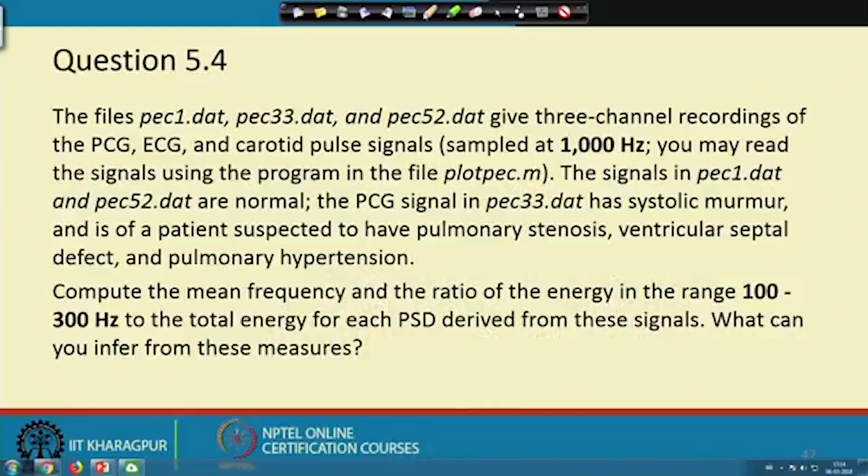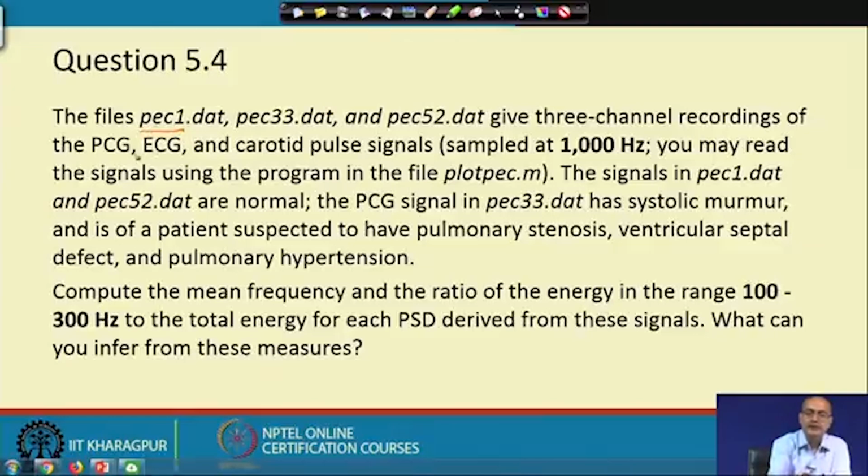In the fourth experiment of tutorial 5, we have 3 phonocardiogram signals: PCG1, PCG33, PCG52.